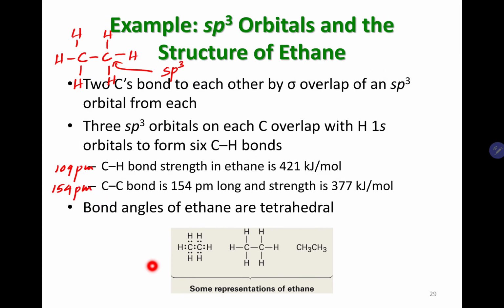So carbon-carbon bonds are slightly longer than carbon-hydrogen bonds. But the take home message is that if a carbon only has single bonds, the hybridization is going to be sp3.